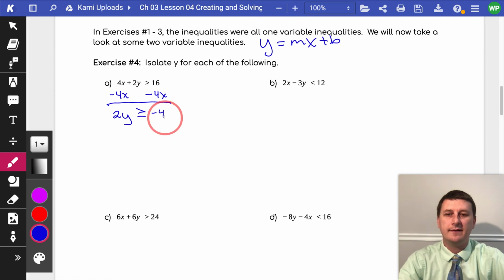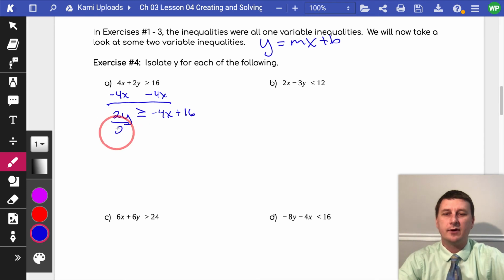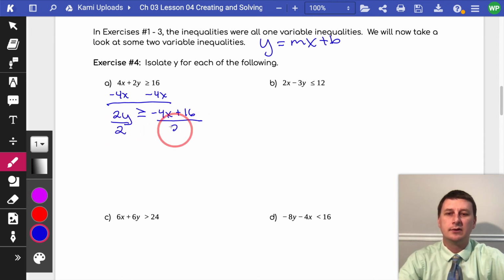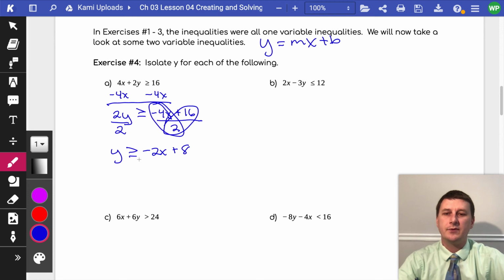So we'll put the negative 4x first and the 16 after. And finally, to get the y by itself, we're going to divide everything by 2. And when I say everything, I mean everything. So that's going to be y is greater than or equal to, well, negative 4x divided by 2 is going to be negative 2x. And 16 divided by 2 is going to be 8. So you're left with the inequality y is greater than or equal to negative 2x plus 8.